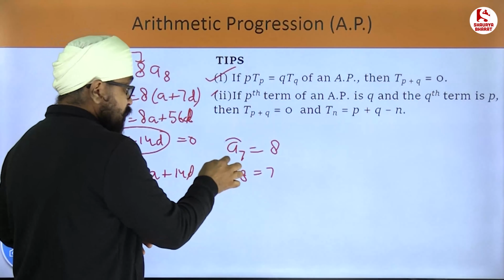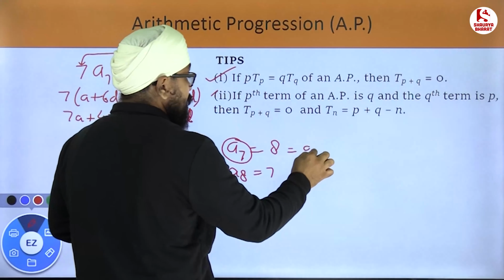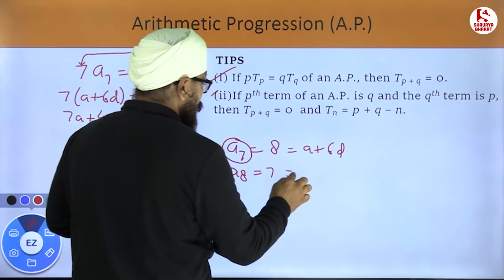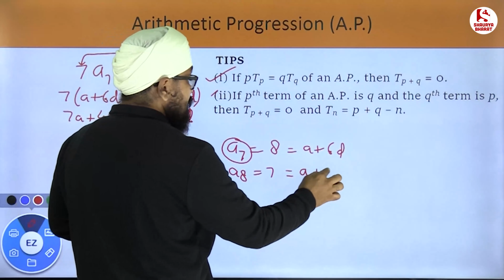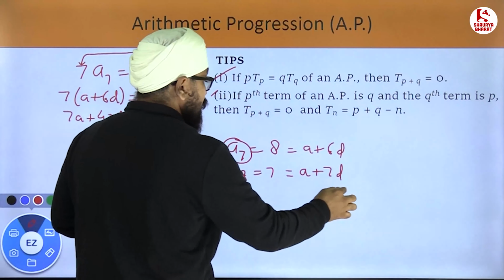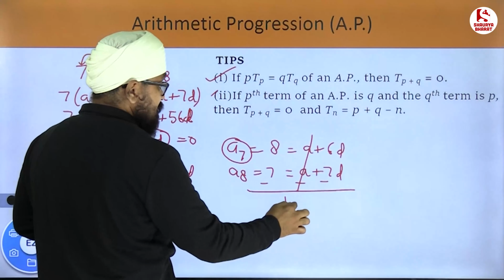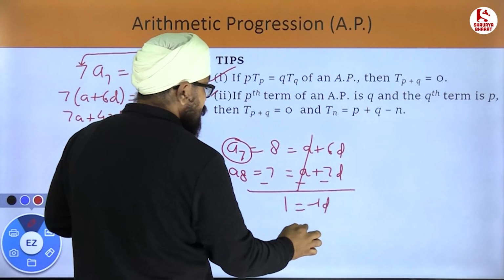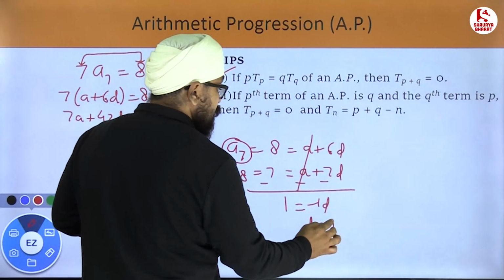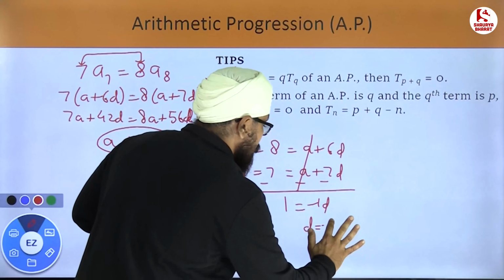I will go with the 7th term, it is a plus 6d. What about the 8th term? It is a plus 7d. When you solve these two terms, subtracting, the a is going to get cancelled, and this is coming minus d. So d is minus 1.